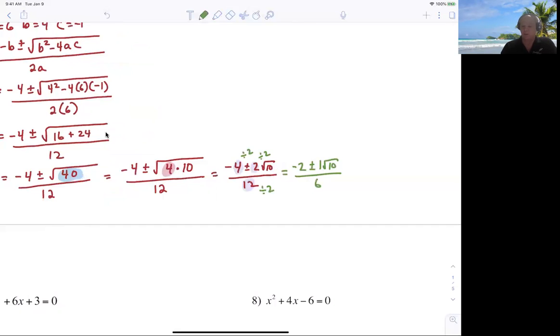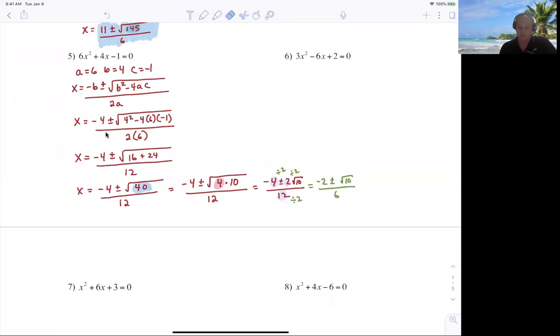Now, is it necessary to write the 1 radical 10? The obvious answer is no, it is not necessary. All right, so I can kind of erase that. So again, that's the demonstration of solving using the quadratic equation.